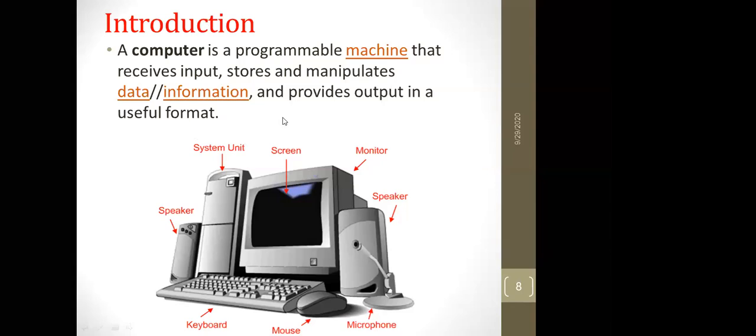Now see, the other name for CPU, already some of the students clearly mentioned in the chat box. It is correct. Processor, microprocessor, right? It's the brain of the computer.